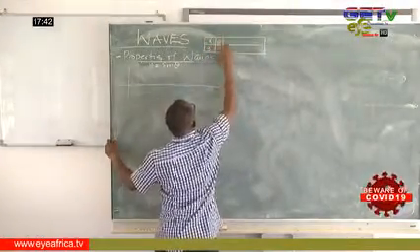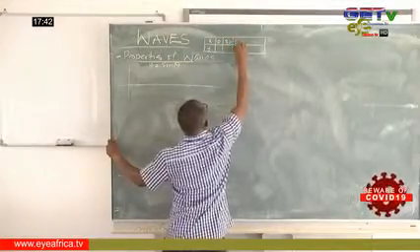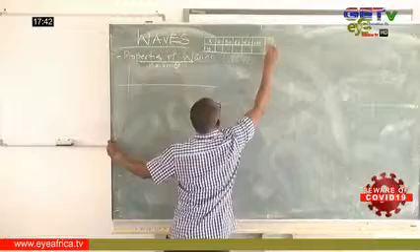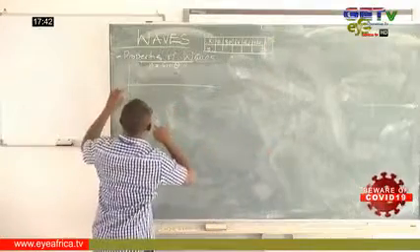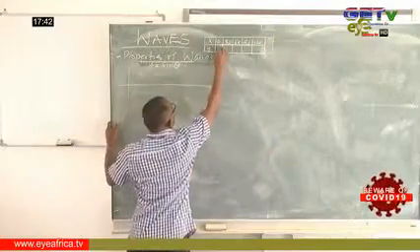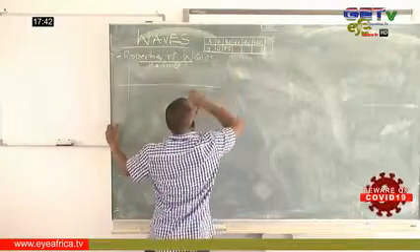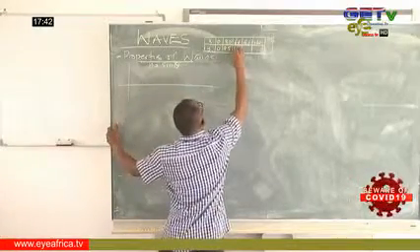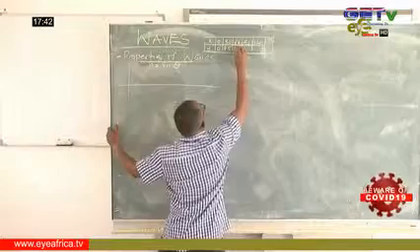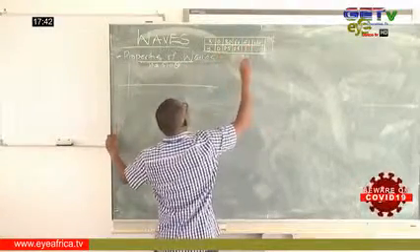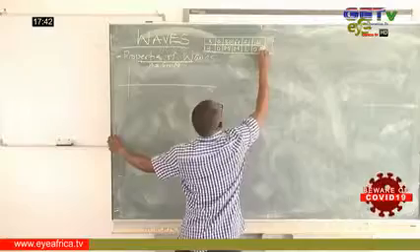I have 0, 30, 60, then 90, and so on, 120, 150. Now if you punch sine 0, that gives you 0. Sine 30 is 0.5. Sine 60 is 0.87, so we'll call it 0.9. Sine 90 is 1.